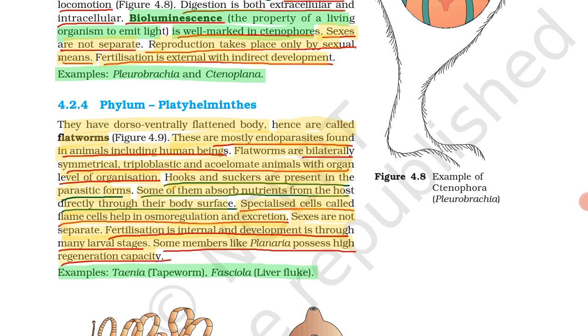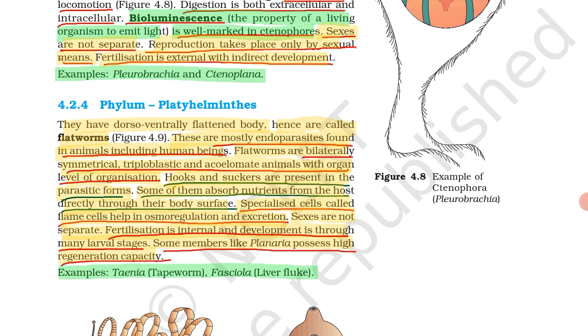They have regeneration capacity: from a single segment the whole body can regenerate, so it possesses high regeneration capacity.